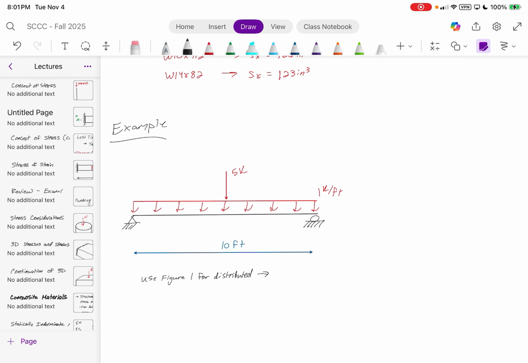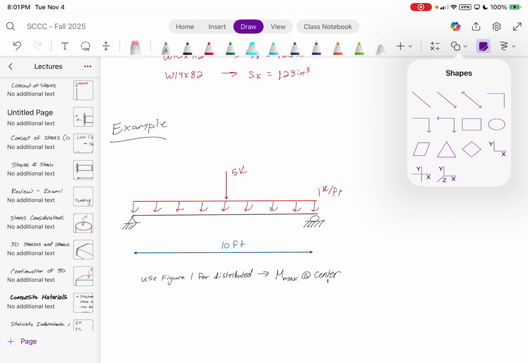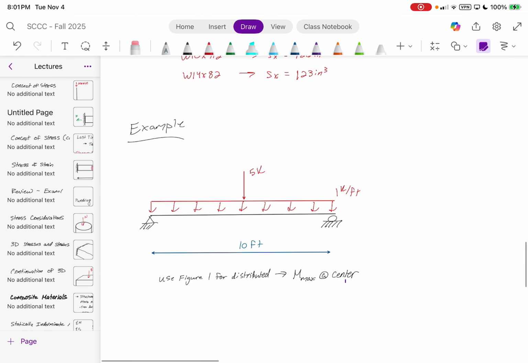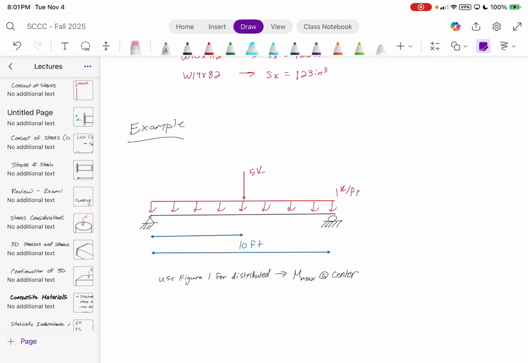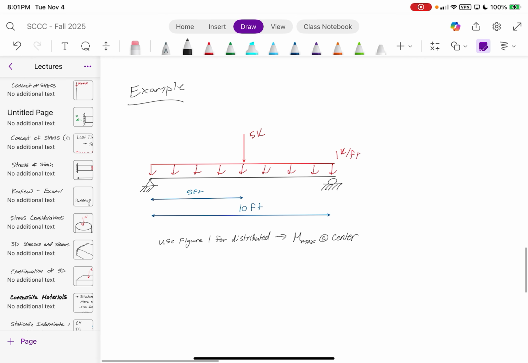Where was the maximum bending moment? In the center. Great. Now, I forgot to mention, the point load is also supposed to be at the center. Now, what about the point load? How do we handle the point load?